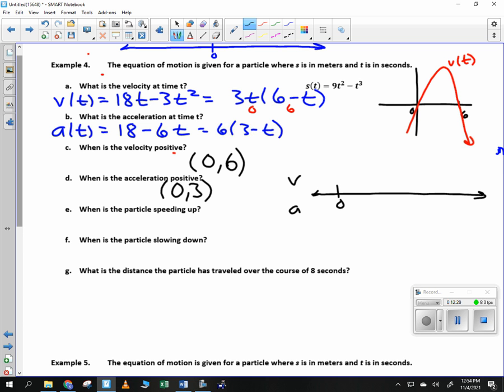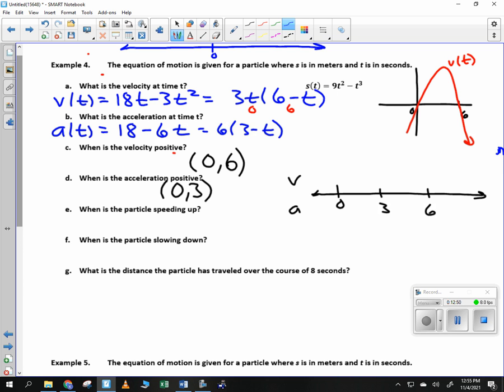I start at time 0. When does my velocity change? When does my acceleration change? At what values do my velocity and acceleration change? 3 and 6. Okay? Everybody okay with my chart so far?